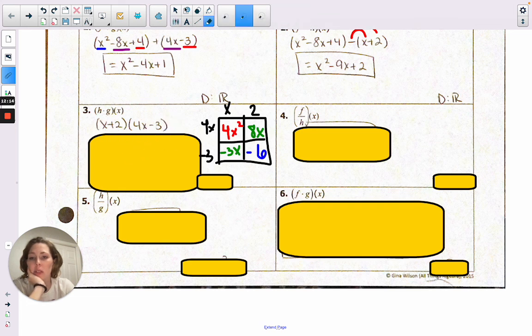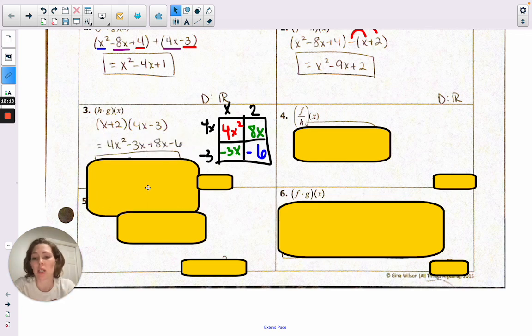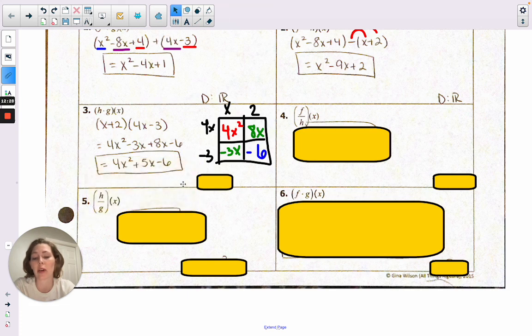But either way that you do it, you are just distributing all of the numbers to all of the other numbers. So again, 4x squared, there's my negative 3x, my 8x, my minus 6, and then combine these two middle like terms, which gets me a 5x, and I can't go any further. And if I combine on my diagonal here, I would get that 5x. So I get 4x squared plus 5x minus 6, can't combine anymore, don't have any x on the bottom of a fraction, so my domain is all real numbers.